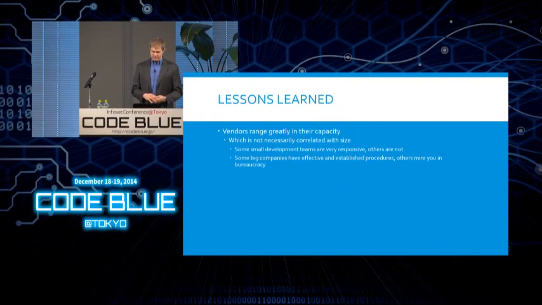We've learned some things throughout this process. One of the things we've learned is that vendors vary greatly in their capacity. I mentioned this earlier. We have worked with some very large companies who moved very quickly and issued security updates within just a couple of days. We've also worked with some very large companies who worked very slowly.